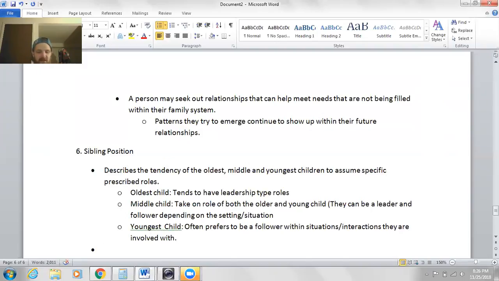So a big impact is differentiation can impact this heavily.